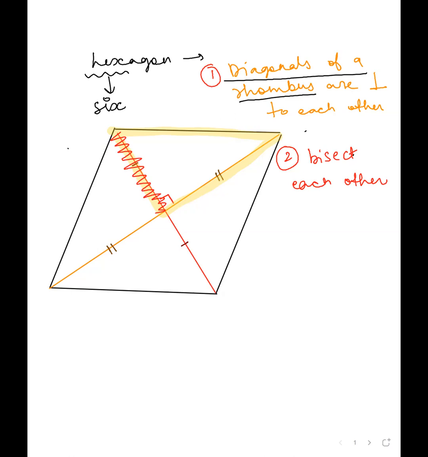Listen to the question again. I'm repeating the question. They are saying that there are two diagonals. One diagonal is 16 centimeters, let's say the red one, and the other diagonal is 30 centimeters. Fine? So half of 16 will be 8 and half of 30 will be, am I right? 30 will be?